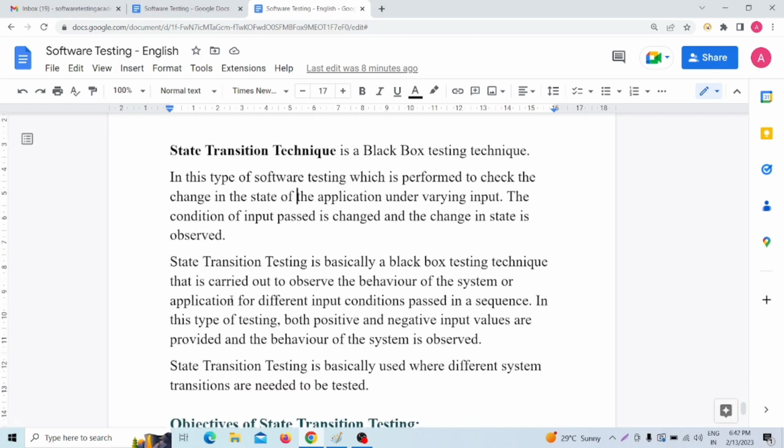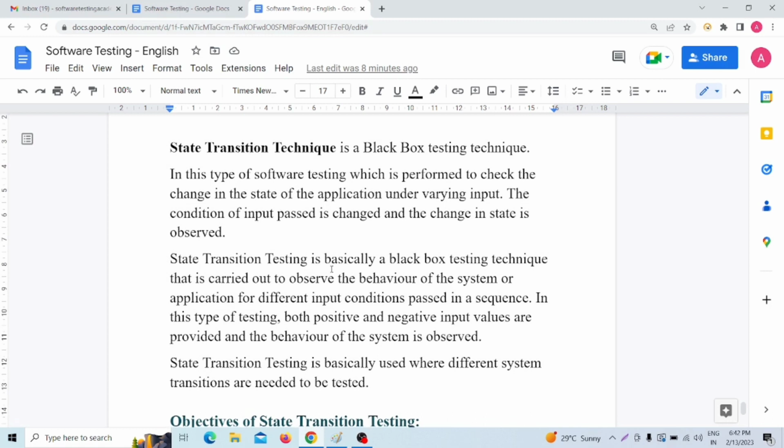It is carried out to observe the behavior of the system or the application for different input conditions passed in a sequence. In this type of testing, we have to provide both positive and negative input values, and check how our system is behaving after putting in those values. We have to check the system behavior.